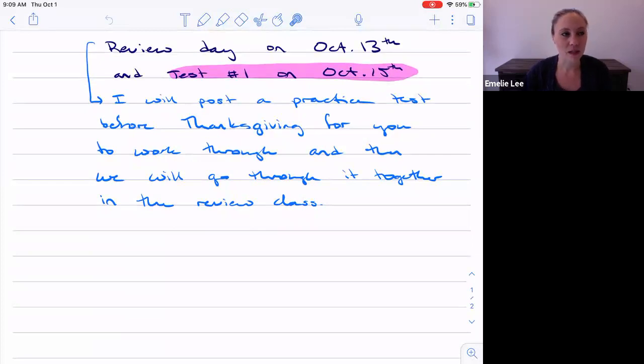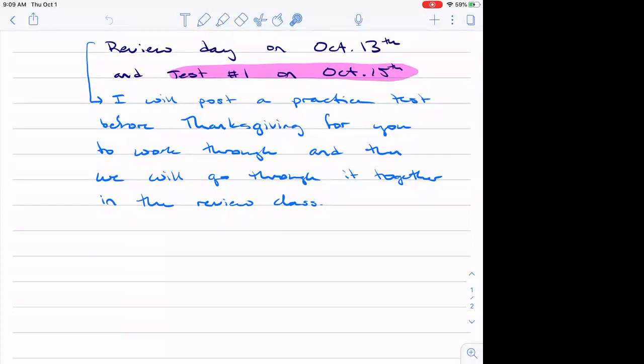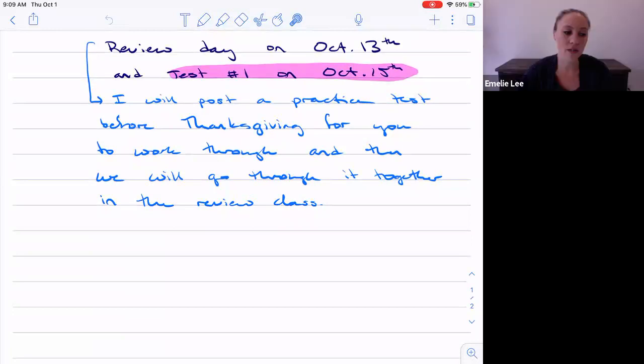So I am assuming that it's open book. So go ahead and take advantage of that. Of course, you know, plagiarism still is a thing. So I don't want you working together on the test, of course. Work on your own stuff.